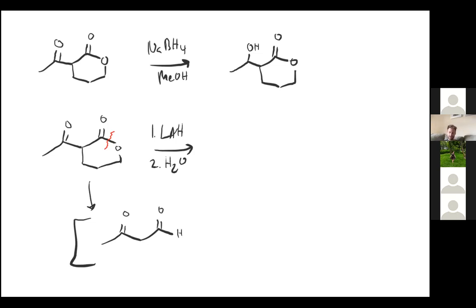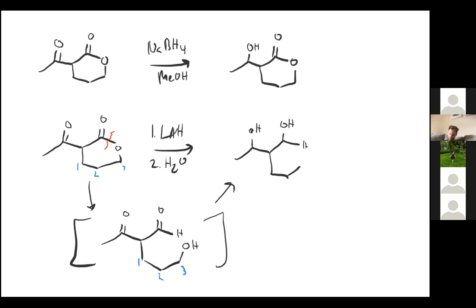Our alcohol is still attached, so you have to draw it in. From this point, we are just going to reduce, and we should probably make sure we have the same amount of carbon. So 1, 2, 3, and then an alcohol. We reduce both of our carbonyls, and we'll be able to get this product from the reaction.